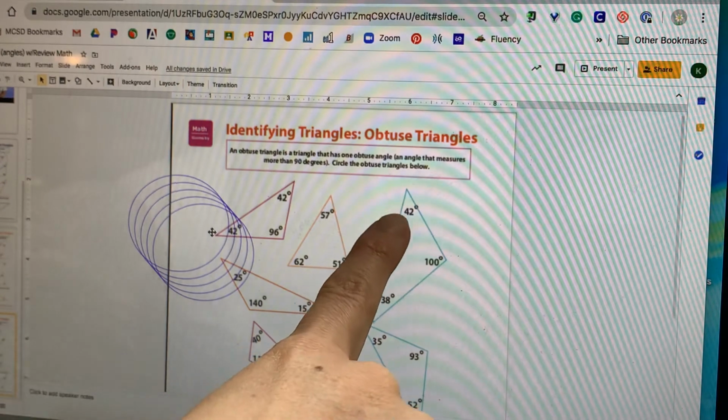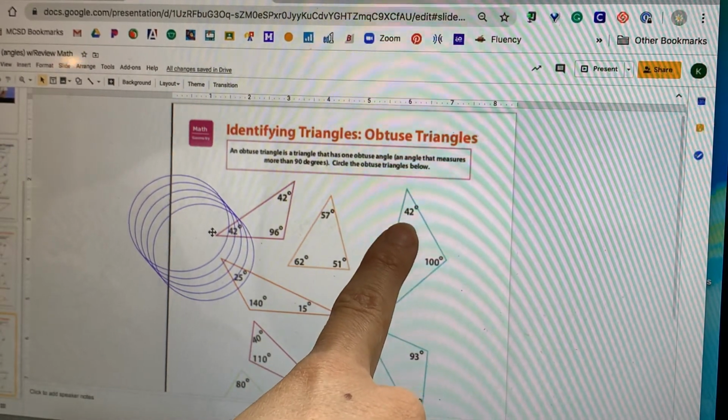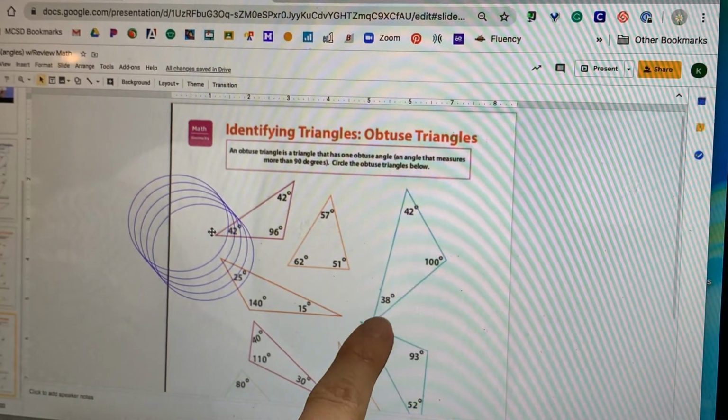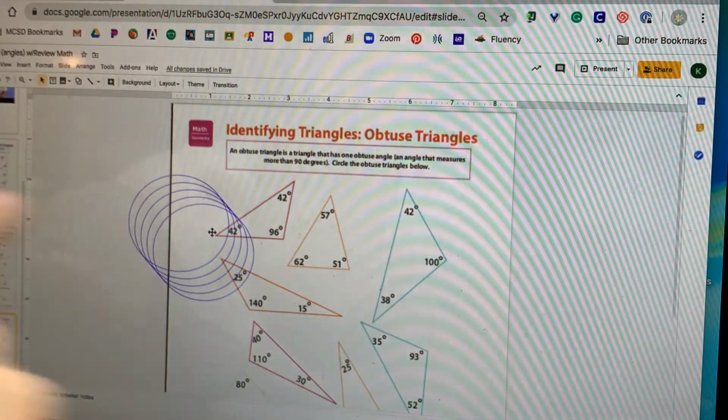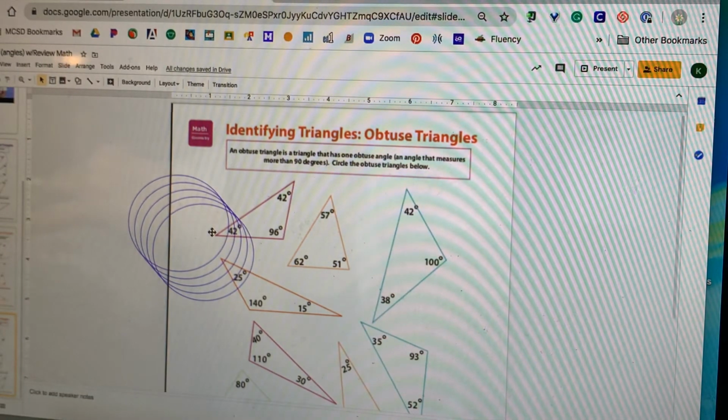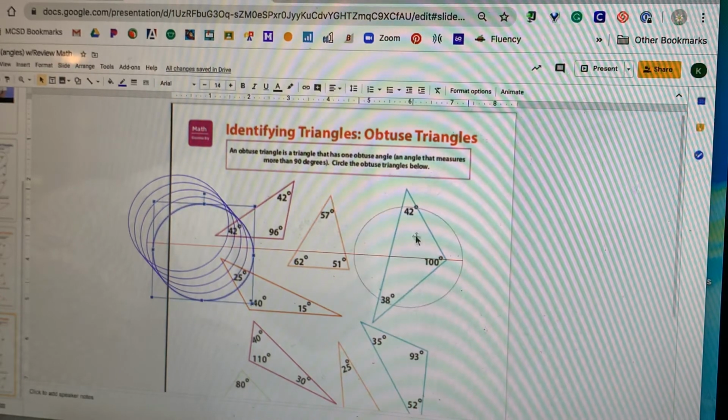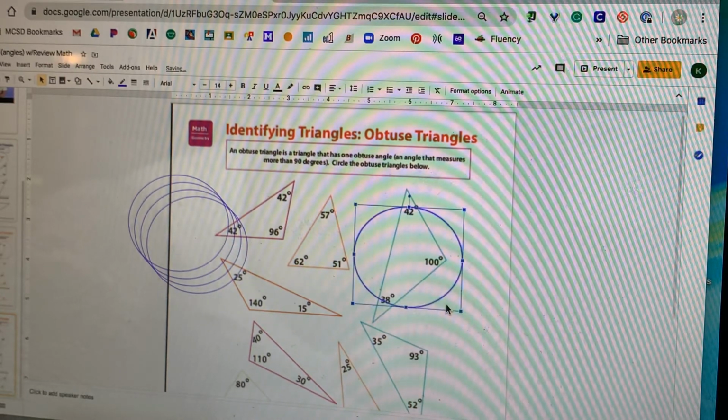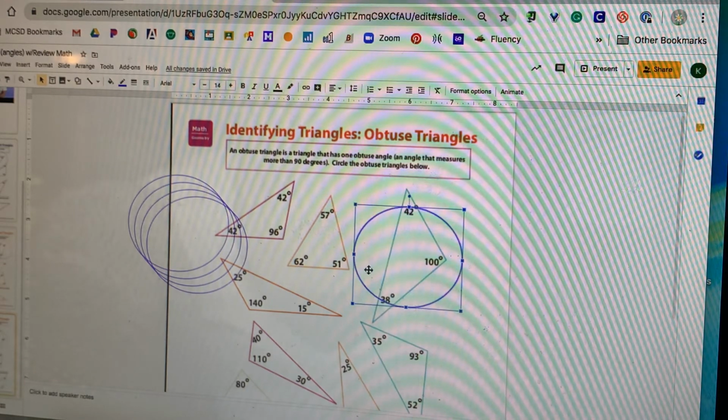If I look here, this one has 42 degrees, 100 degrees, and 38 degrees. Which angle here is more than 90 degrees? Yeah, 100. So you're going to put your circle, again, not a beautiful circle, but it'll work, around the triangle that is obtuse. It has one big and loose angle.